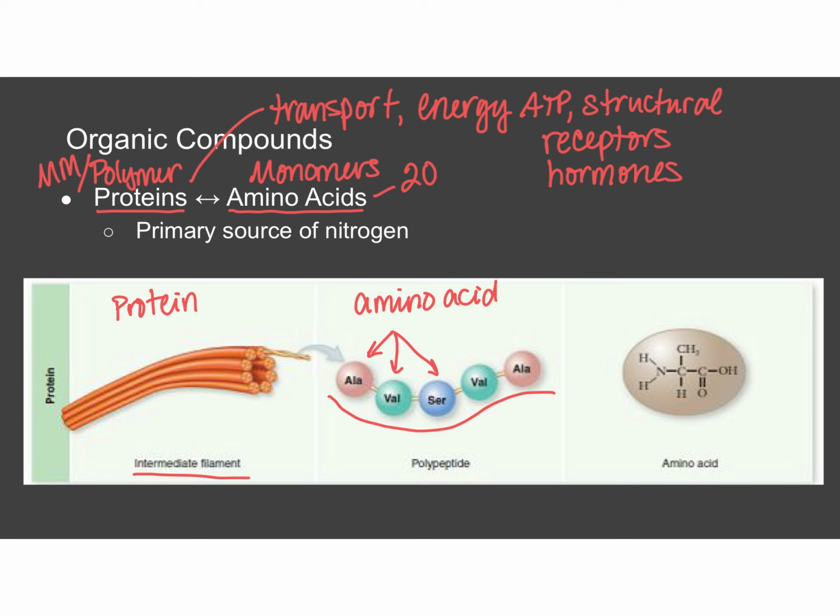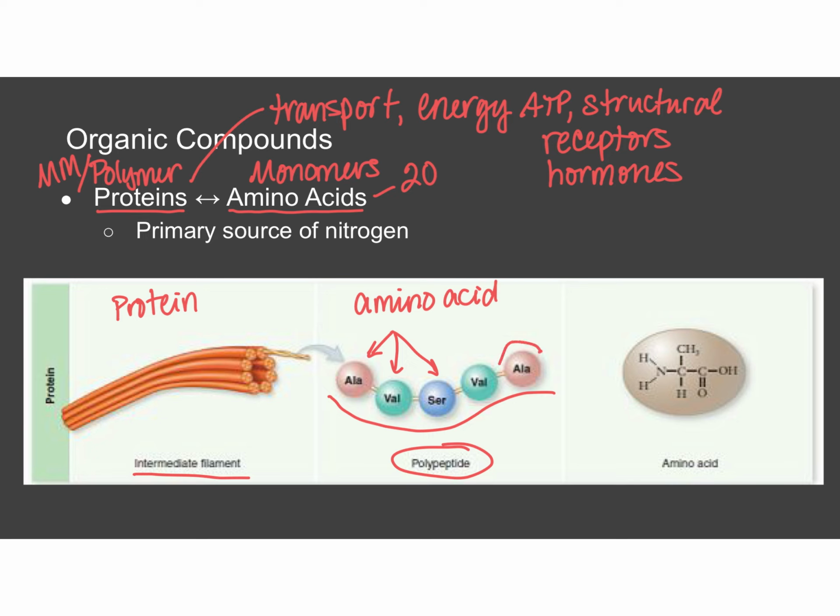A protein is made up of polypeptides that get folded and kinked into a three-dimensional structure. But if you were to unfold them, you would see just this long chain of monomers known as amino acids.